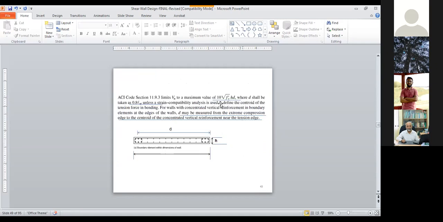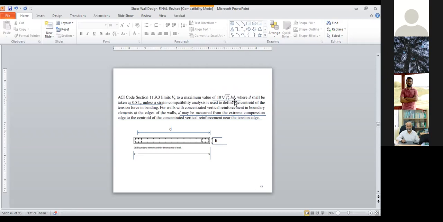And this is also the same as a beam. You could not have more than 10 root f prime c hd if your shear force is like that, because it is very difficult to control. So you need to change the section if your nominal shear from the analysis crosses 10 root f prime c hd.